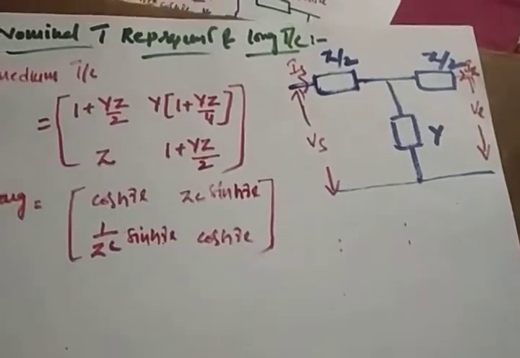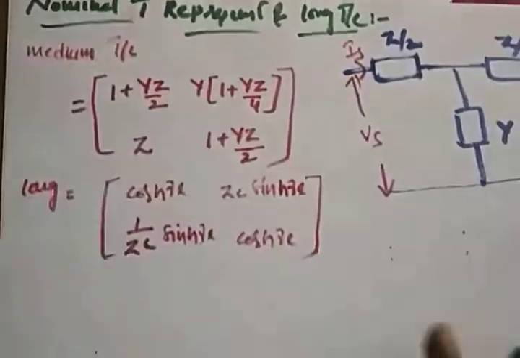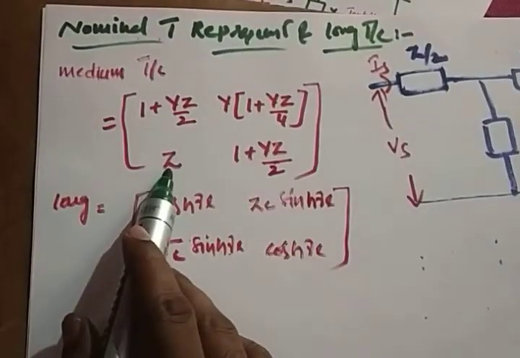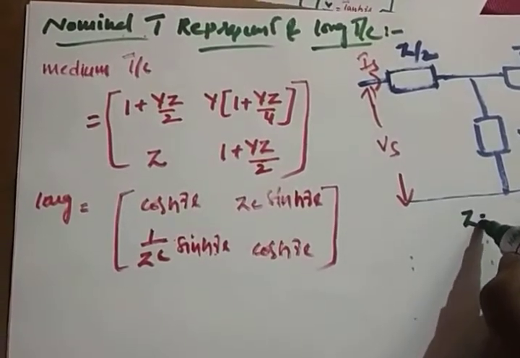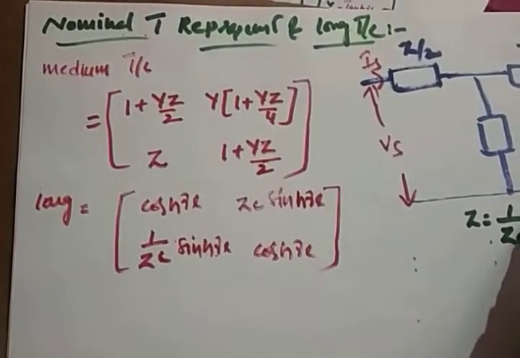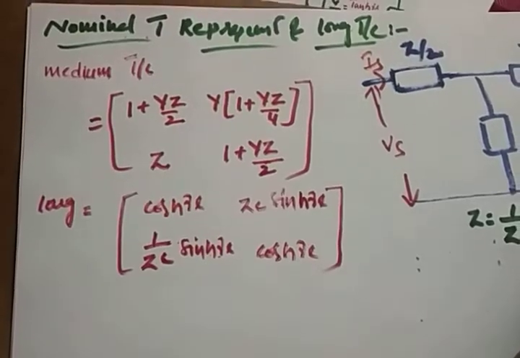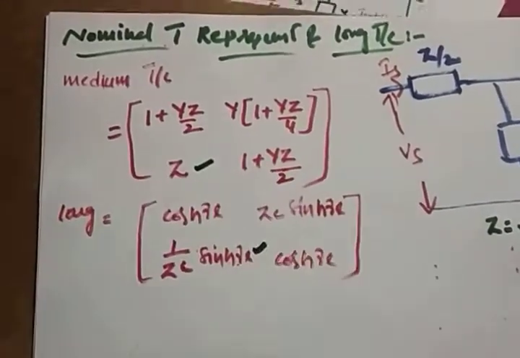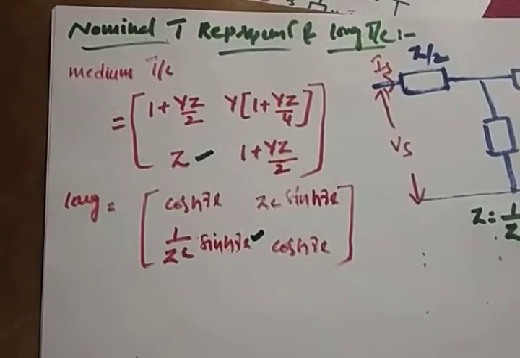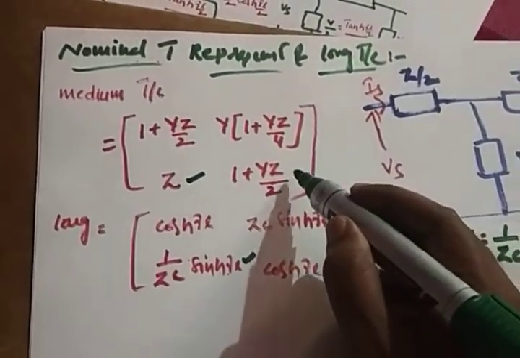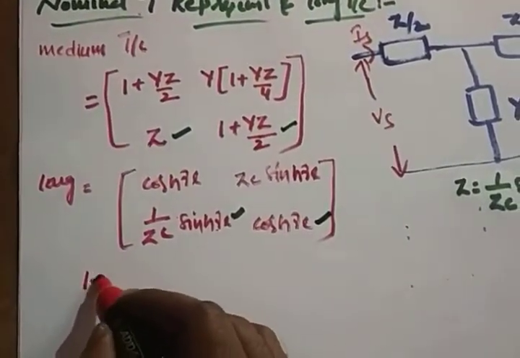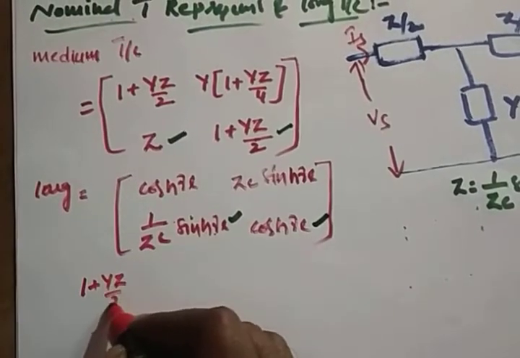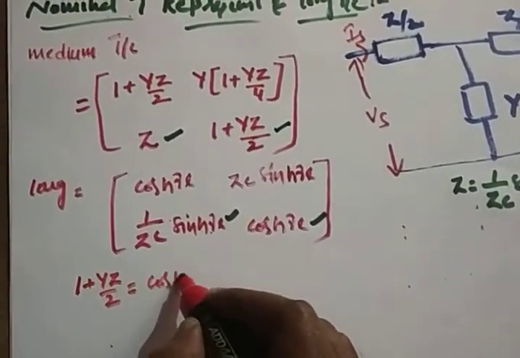Right. So from this you will clearly understand the Z value. So what is the Z value? Z is equal to Zc sinh gamma l. So you know the value of Z. Now equate 1 plus YZ by 2 to cosh gamma l for finding the value of Y. So 1 plus YZ by 2 is equal to cosh gamma l.